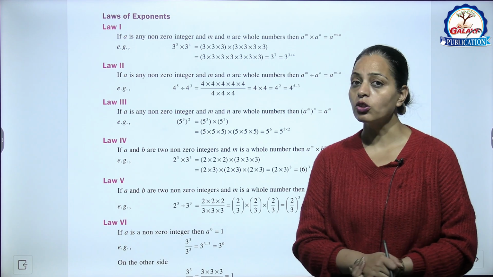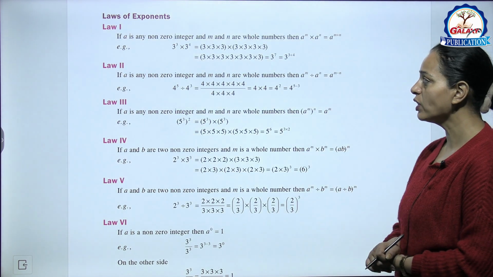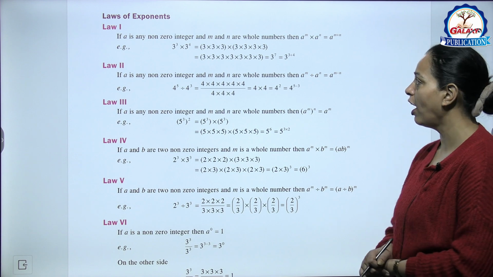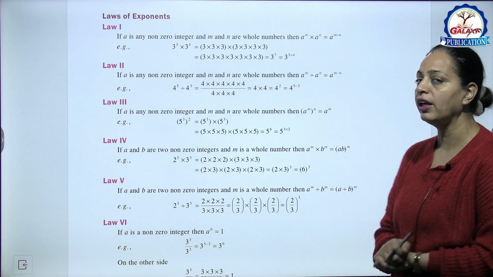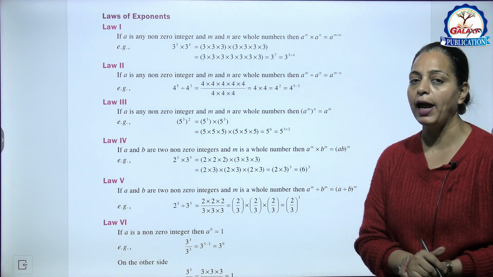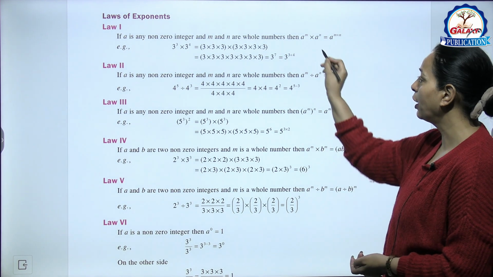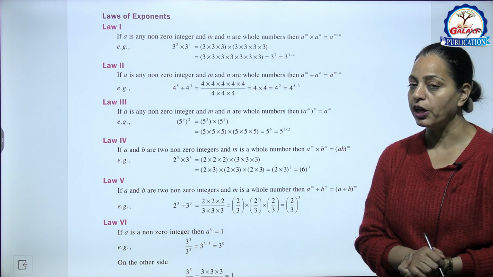Now, laws of exponents. Law 1: if a is any non-zero integer and m and n are whole numbers, then a raised to the power m multiply a raised to the power n equals a raised to the power m plus n. यानी अगर बेस सेम है और मल्टीप्लाई है तो पावर क्या हो जाएंगी?